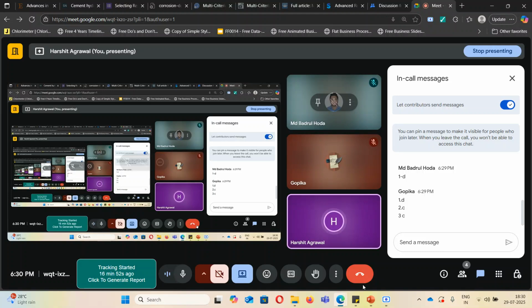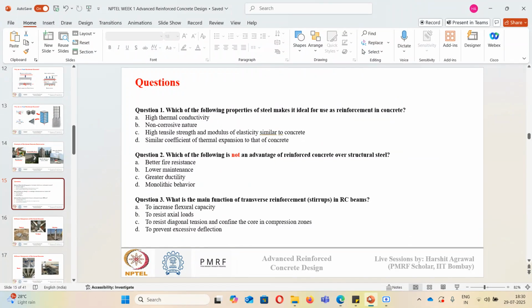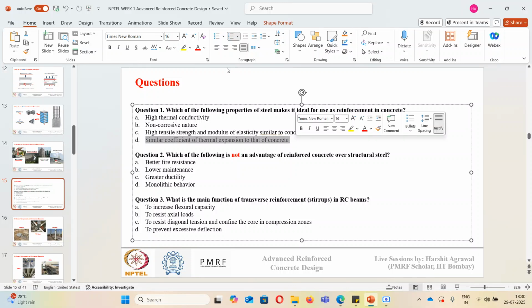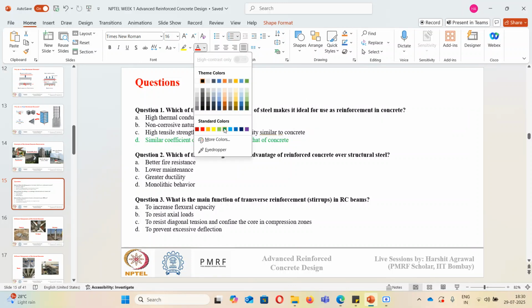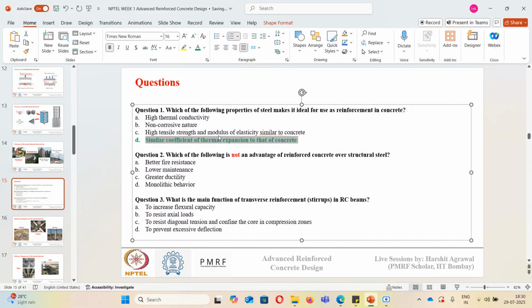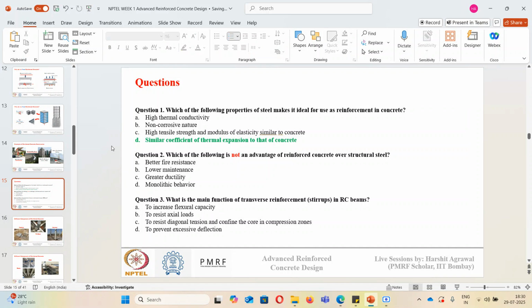Okay, let's discuss the answers now. The first question is, which of the following properties of steel makes it ideal for use as reinforcement in concrete? The correct answer for this is D. We know that steel has high tensile strength, but the key reason why it is ideal for reinforcement is its similar thermal expansion coefficient compared to concrete.